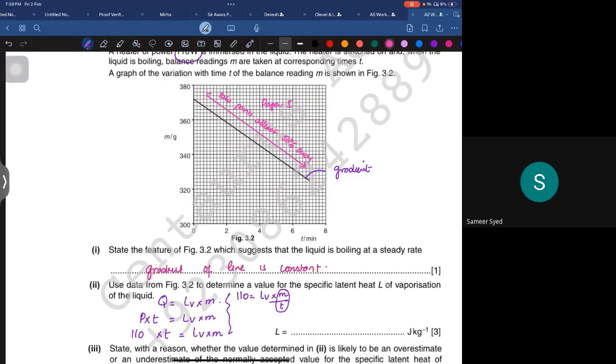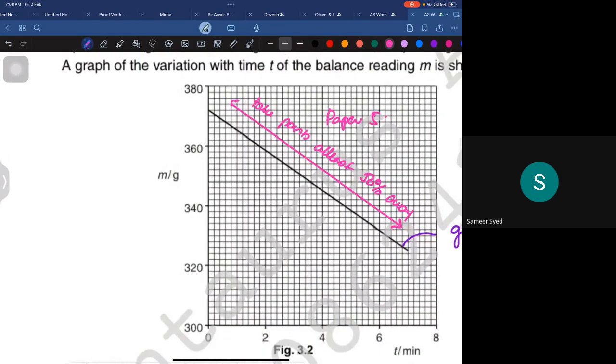Now, we're going to take one point. If I were you, I would take this point at the starting, because it's easy. That's basically 0 and 380. I'm going to check it is in grams, and this is in minutes. Then I'm going to check if I could take this point, because it is pretty much on the line.